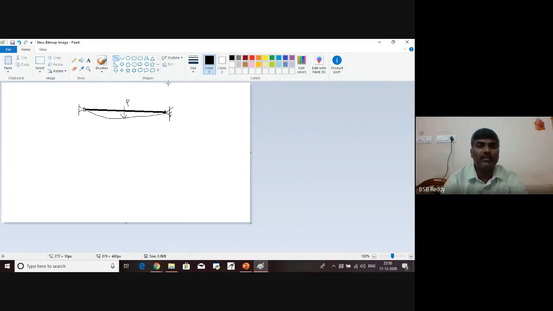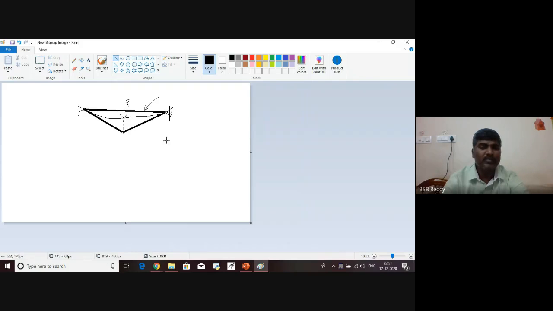What happens when the load is applied, this being the horizontal line? The loaded point will deflect downwards, and this point will move down, and this is going to become like this.